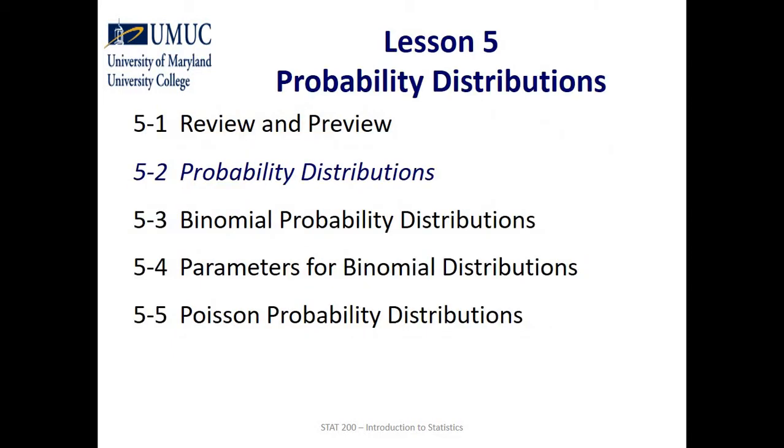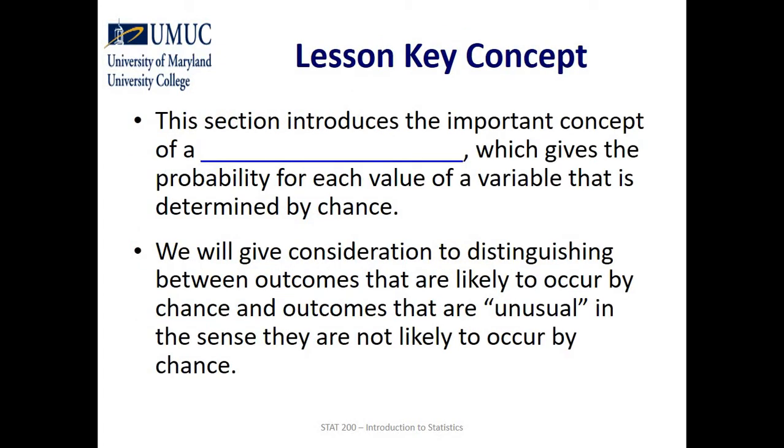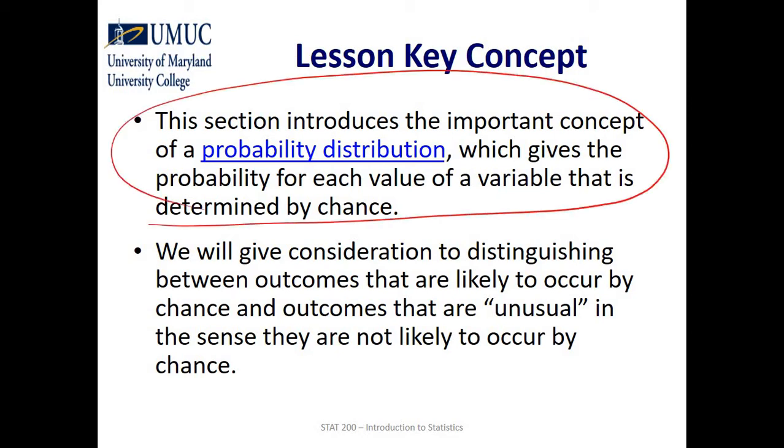Okay, so let's go ahead and move on. Now we're going to talk about probability distributions. Key concept about this lesson, this section introduces the concept of a probability distribution. This gives a probability for each value of a variable that is determined by chance. What exactly does that mean? Well, let's not get ahead of ourselves, but that is, again, the key concept of this particular lecture.